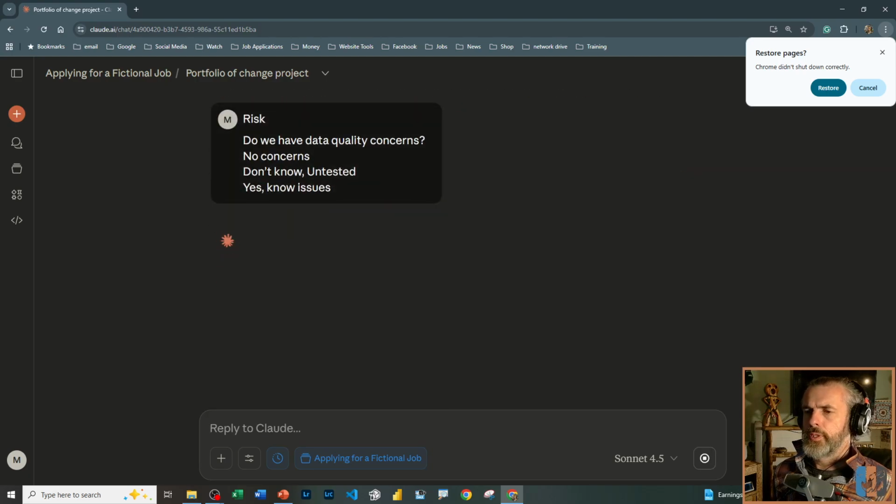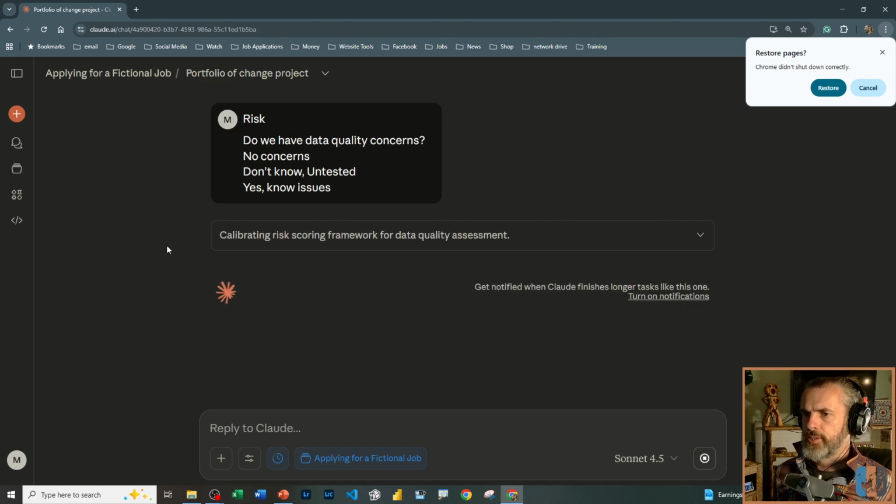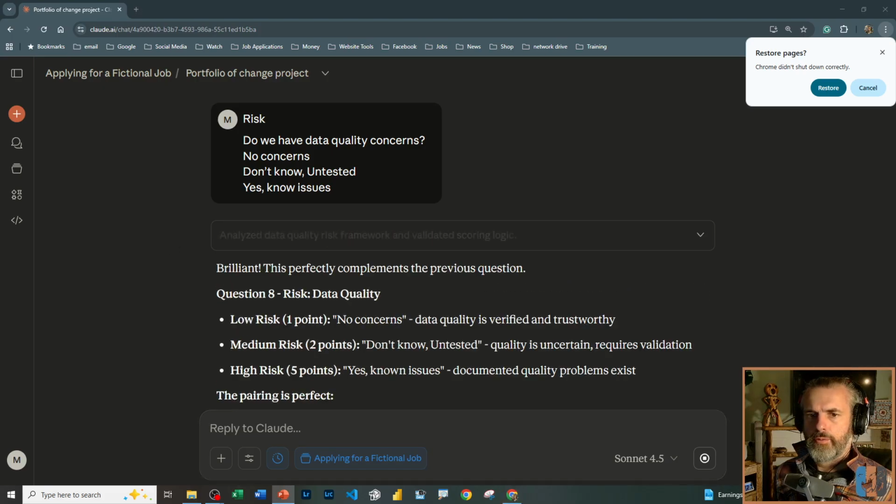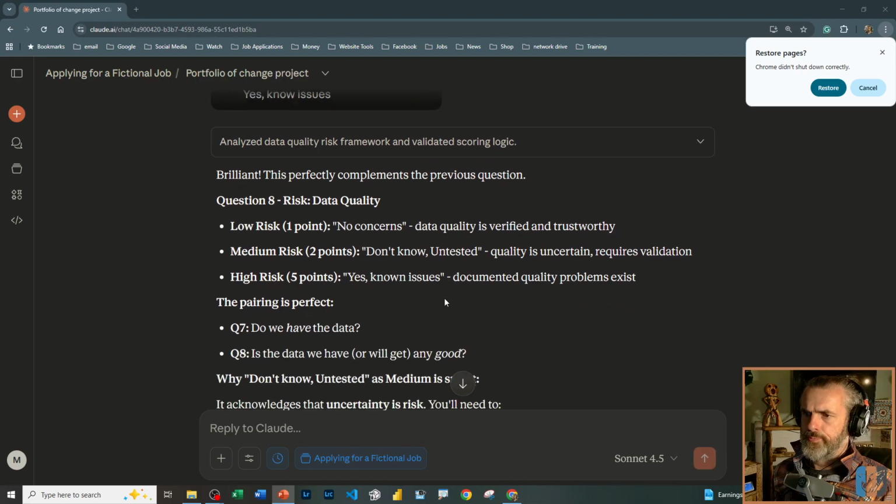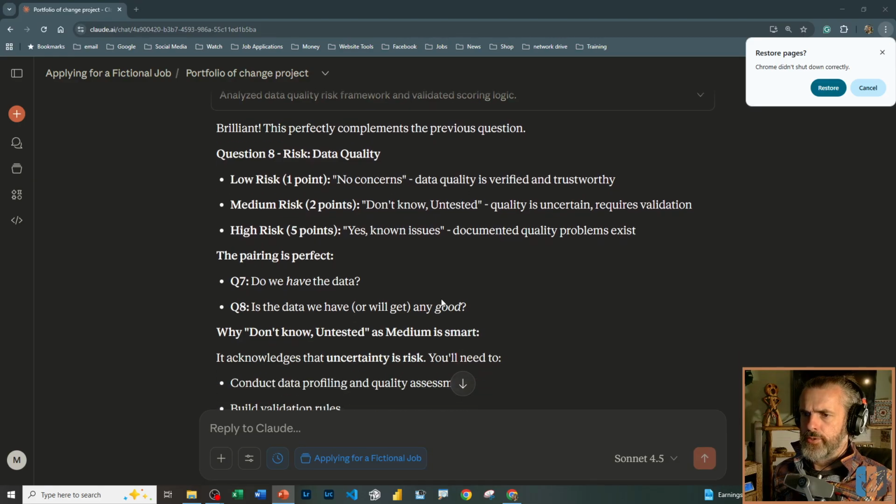Next is this. Do we have data quality concerns? No concerns, don't know, untested, yes, known issues. Brilliant. This perfectly complements the previous question. Pairing is perfect.